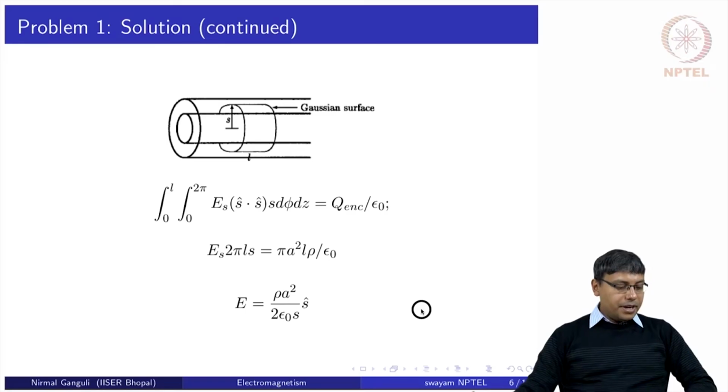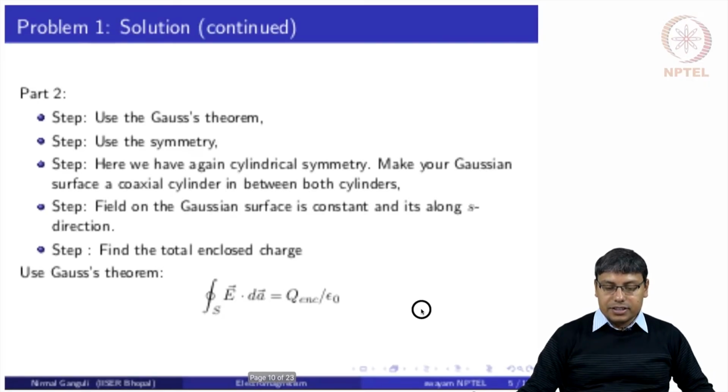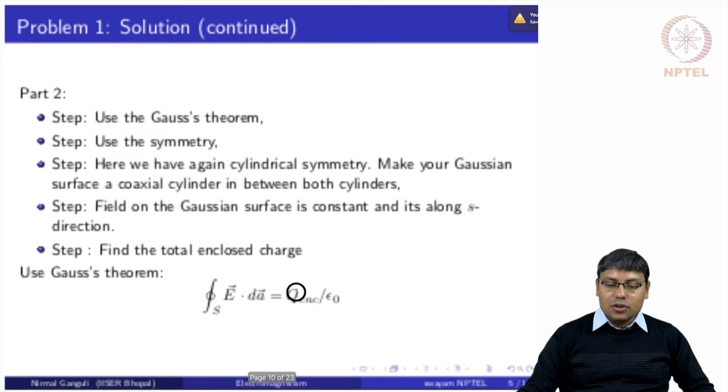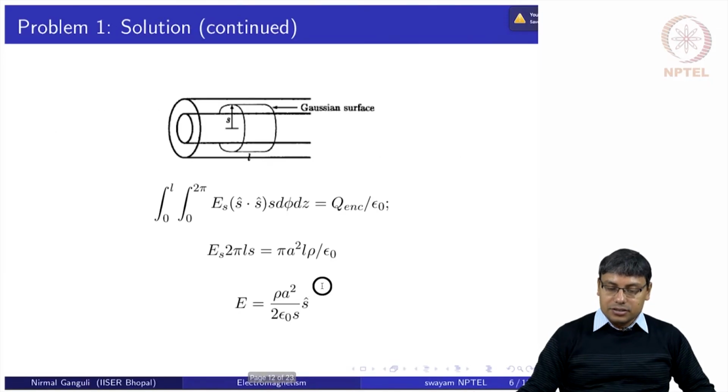So, if we compare with the earlier situation where the electric field was proportional to the radial distance, here once we have come out of the charge distribution, it is proportional to 1 over the radial distance s, because A is a constant.